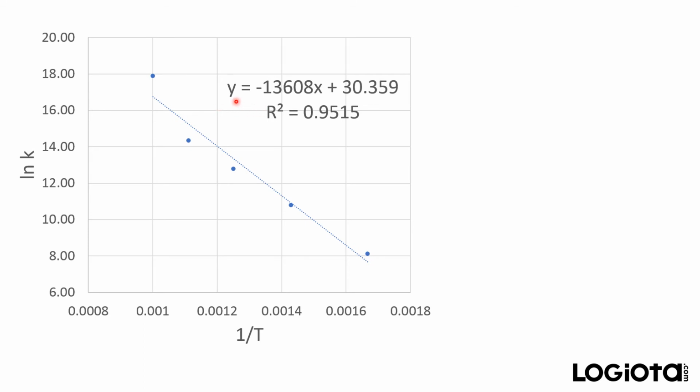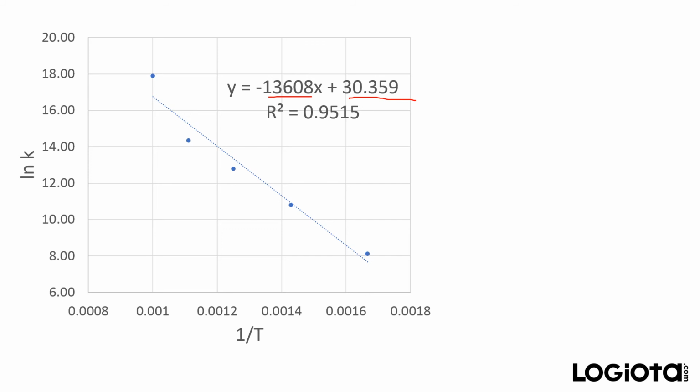By putting that fit, the equation of the line I got was y is equal to minus 13608 x plus 30.359, and the regression was 0.9515. Now, when I compare this equation with the equation of a line, I know that this is the slope and this is the intercept.